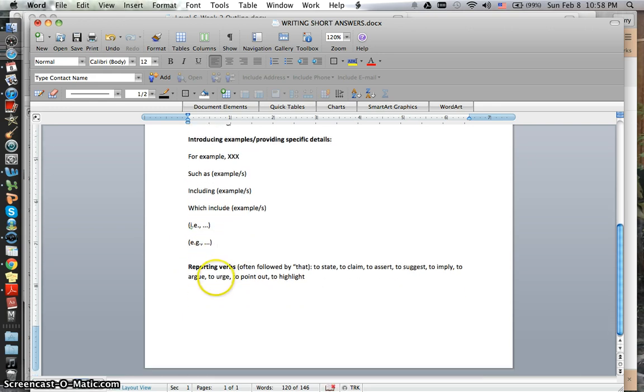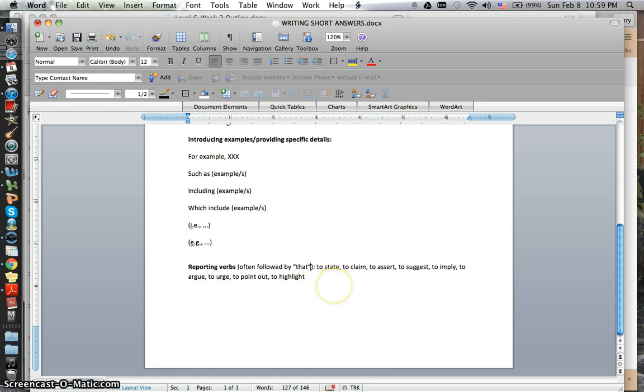Okay, and lastly on here, just keeping in mind that there are a variety of verbs you can use to report other people's thoughts or to report ideas presented in a text. Many of these are followed by the word that, not always, but often.